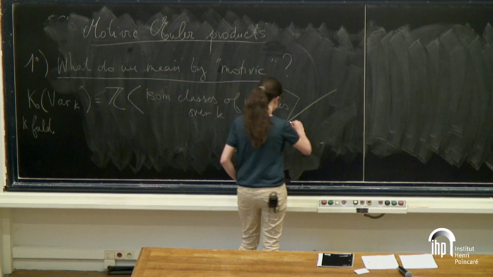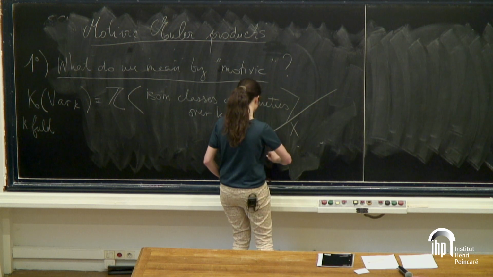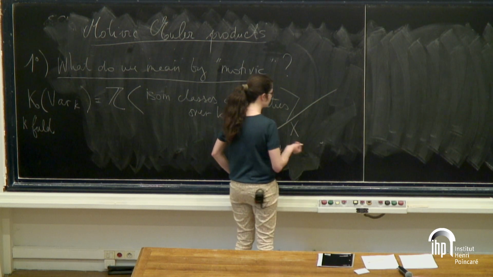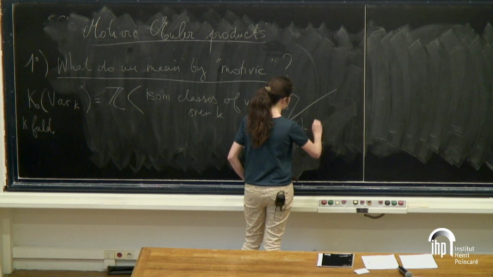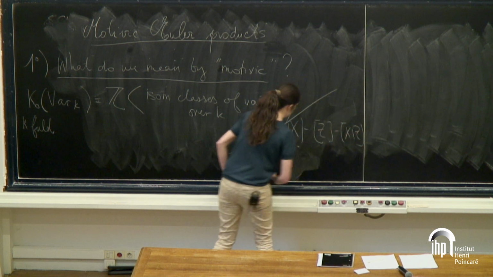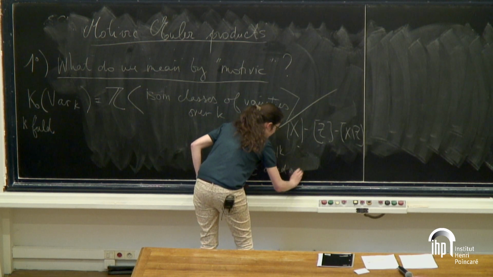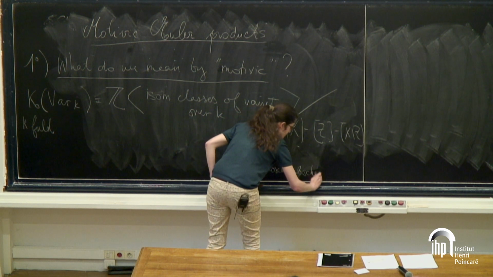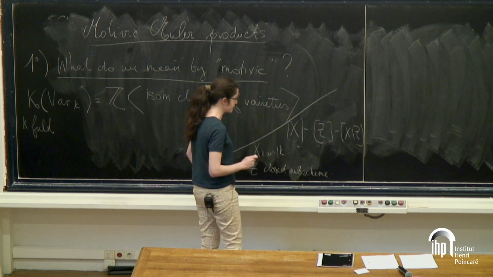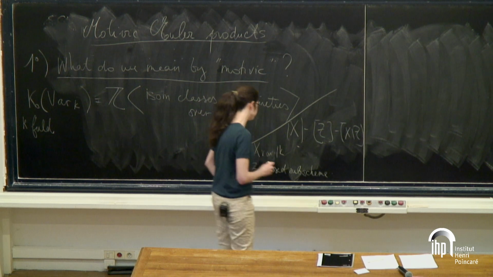When I have a variety X over K, I want to be able to cut it into pieces like this, when Z is a closed subscheme. So the class of X is always equal to the class of Z plus the class of the complement.